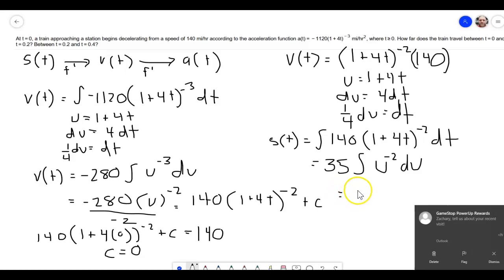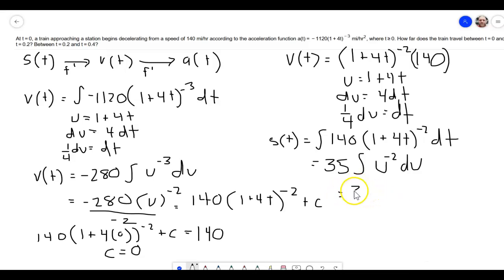Now I'm going to go ahead and take the antiderivative. So this is going to equal 35 times, let me make sure I separate this nicely, u to the negative 2 plus 1, which is negative 1, and then divide by negative 1. So this is going to be u to the negative 1 all over negative 1.